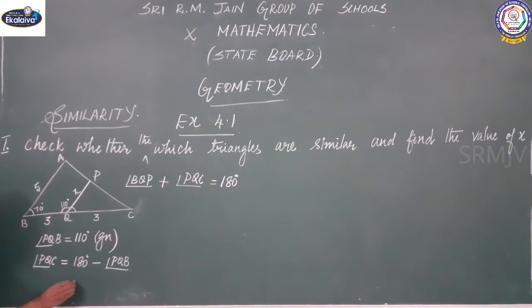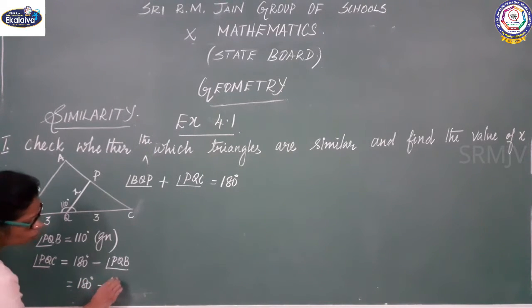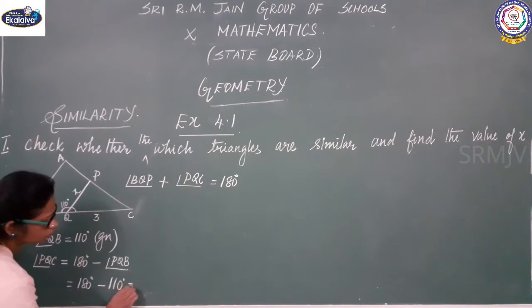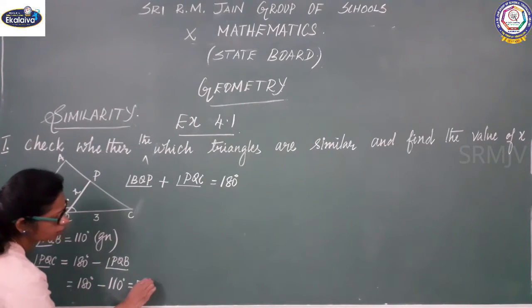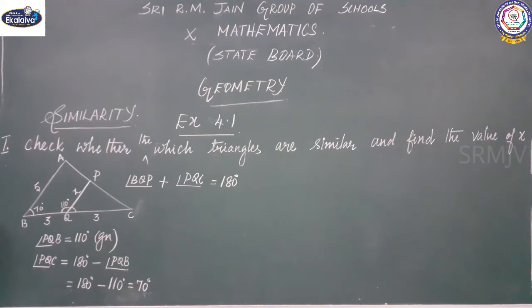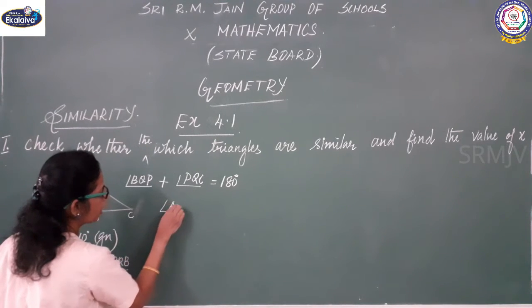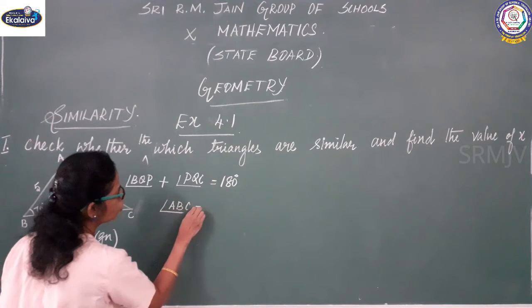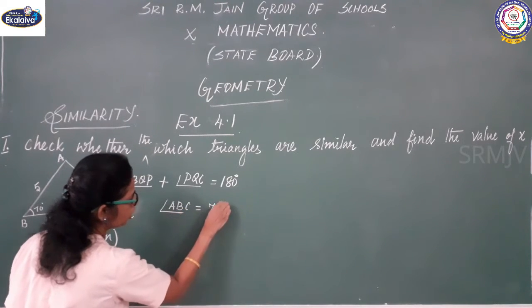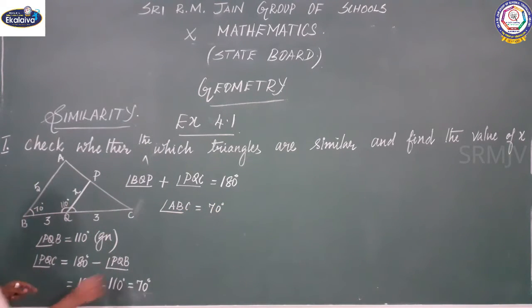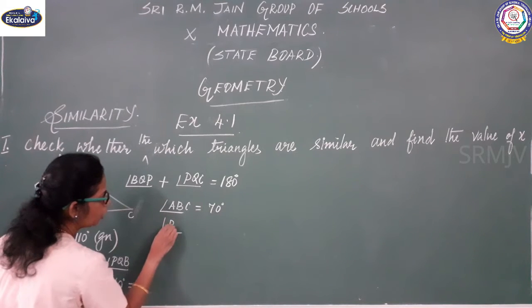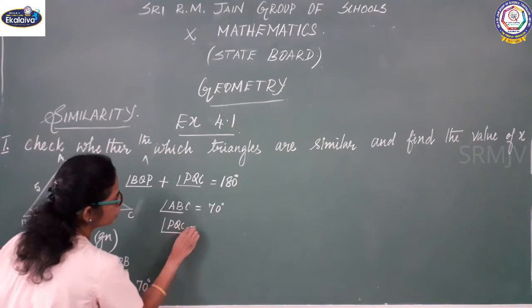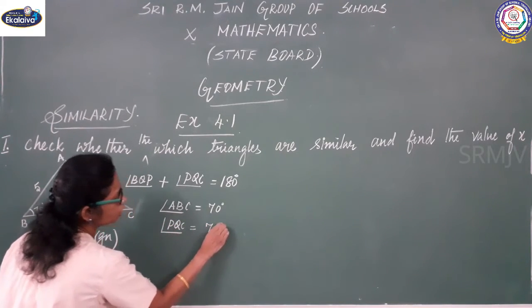Now it becomes 180 minus 110, which is equal to 70 degrees. Now you see angle ABC equals 70 degrees. Now you arrived at the result angle PQC equals 70 degrees.